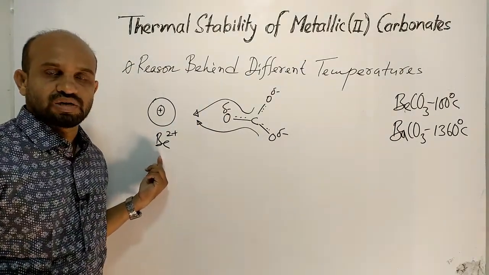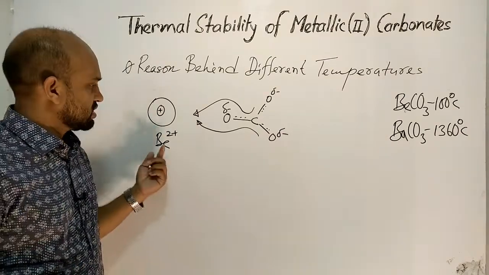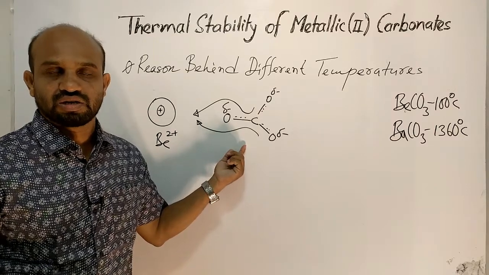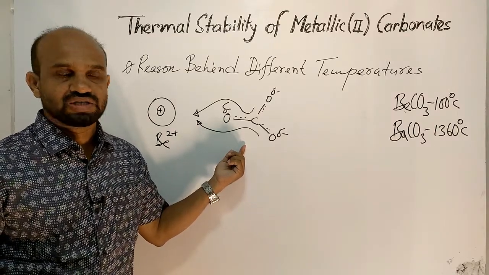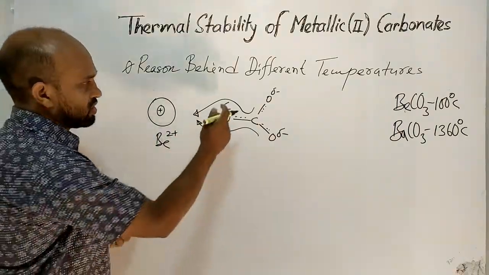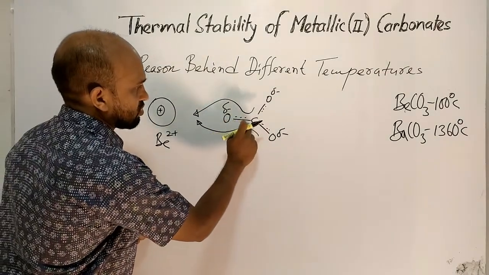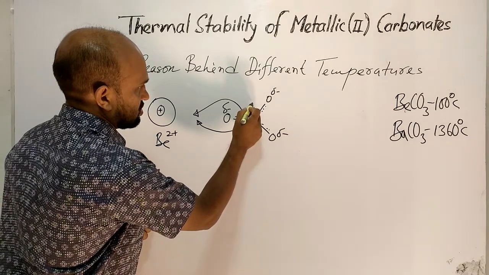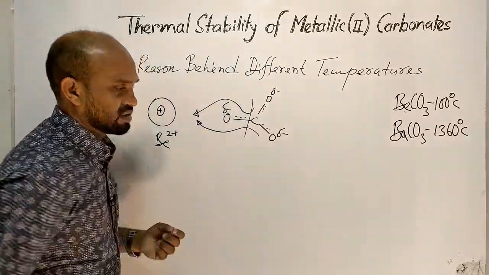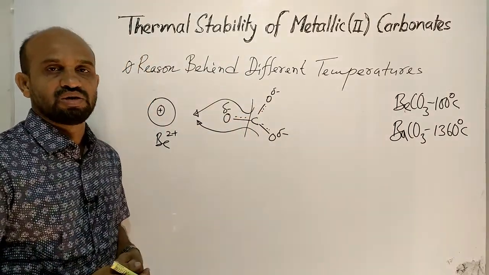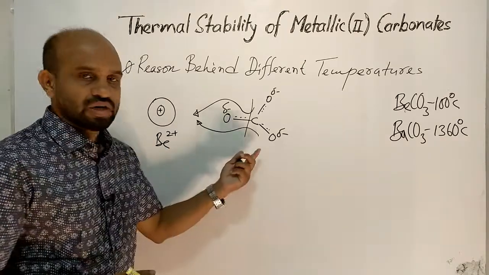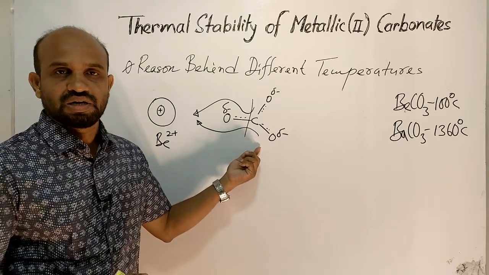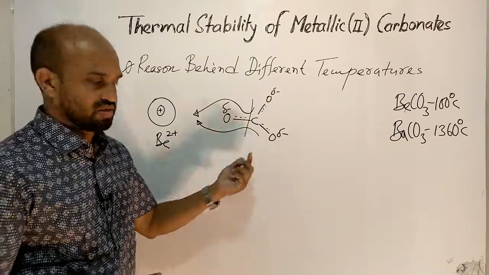Because of its high charge, it can polarize carbonate ion to a greater degree, and at one stage this bond, oxygen carbon bond, becomes weaker and breaks with low temperature, and finally carbon dioxide breaks free, leaving beryllium oxide like this.